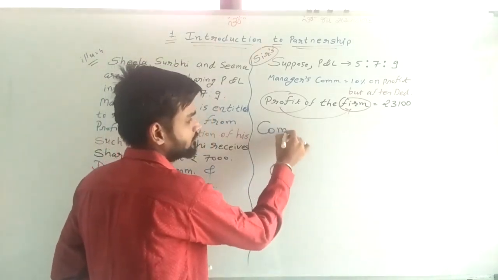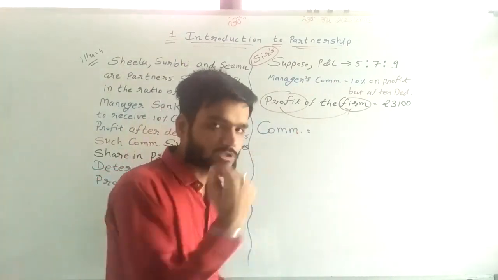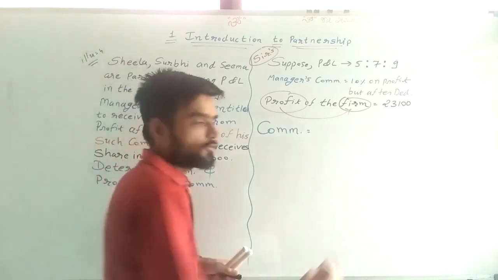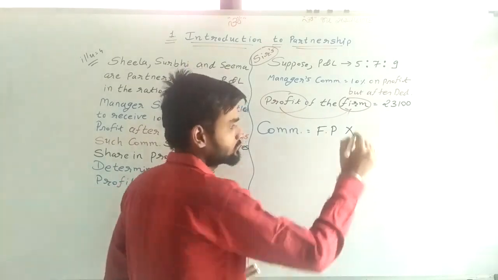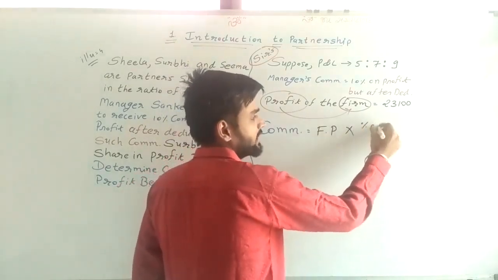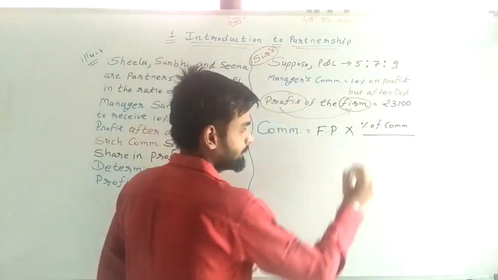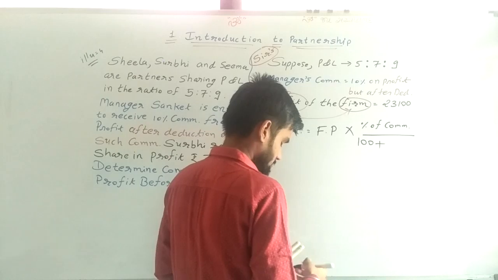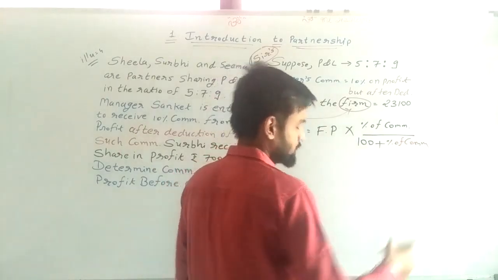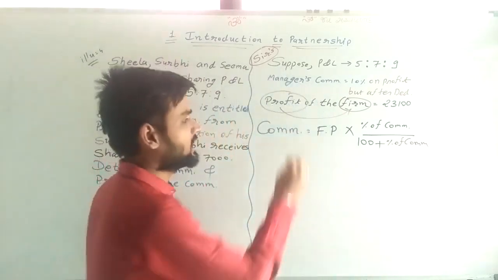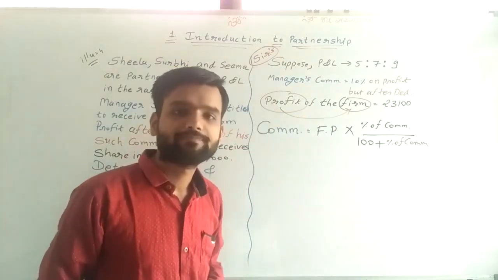Commission is equal to, here the firm's profit is given, so firm profit into percentage of commission divided by 100 plus percentage of commission. We use this formula here because the firm's profit is available.